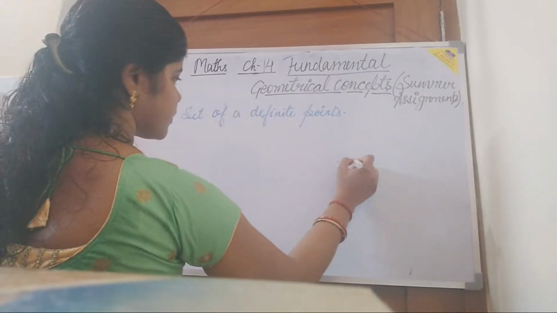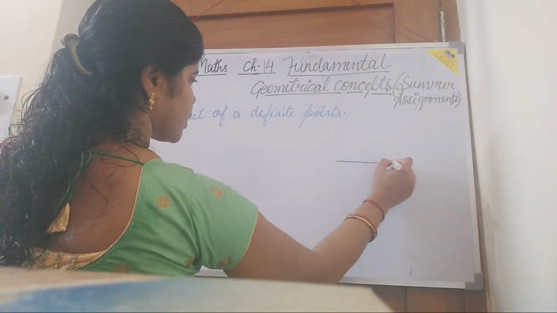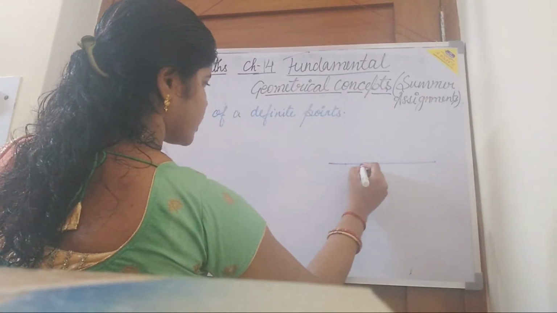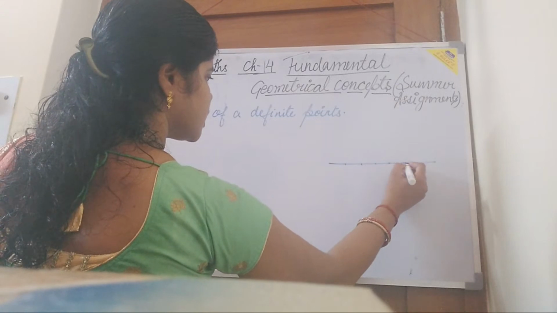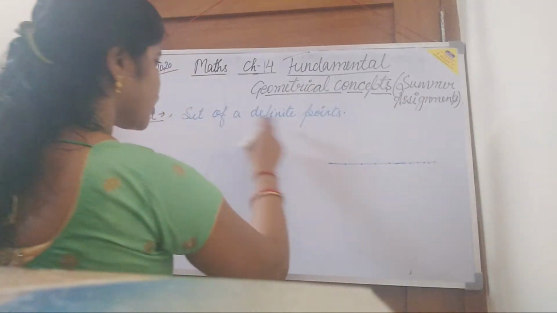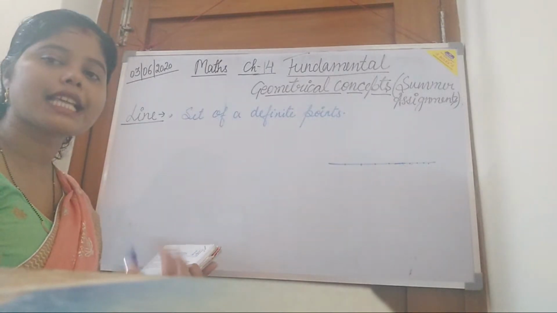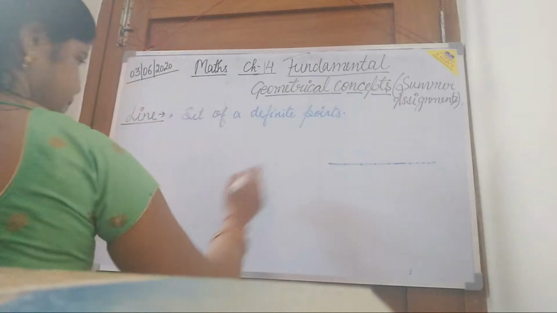If we join them, we get a line. Here we place a dot anywhere. So it is a set, a collection of definite points. So it is a line.